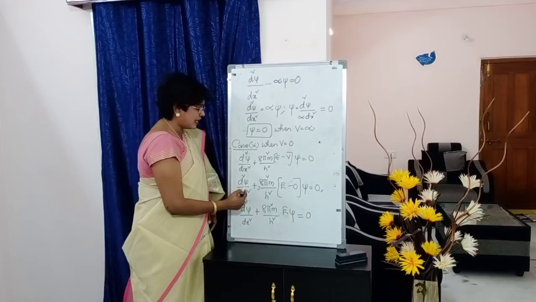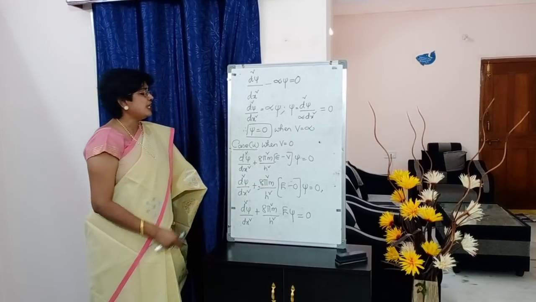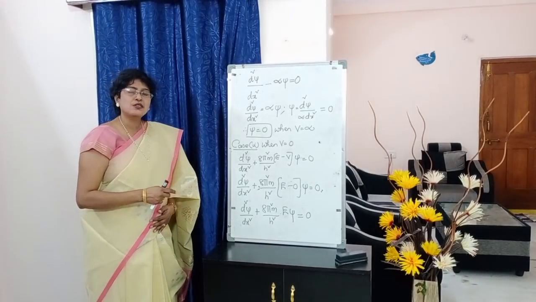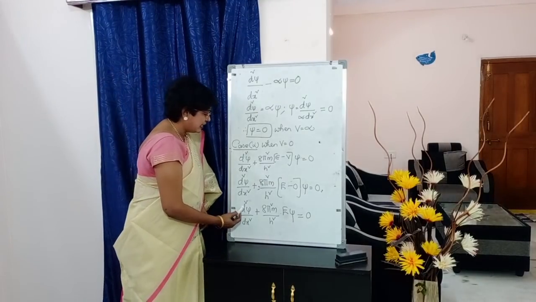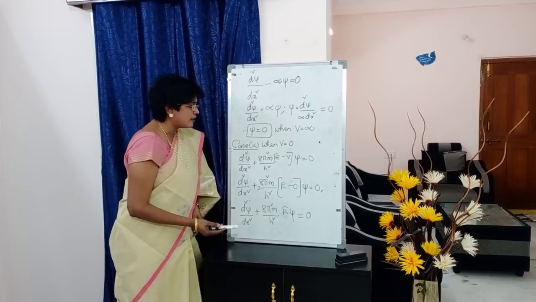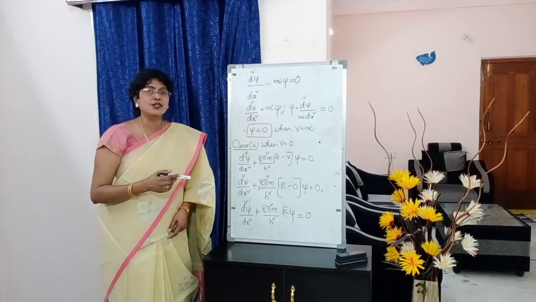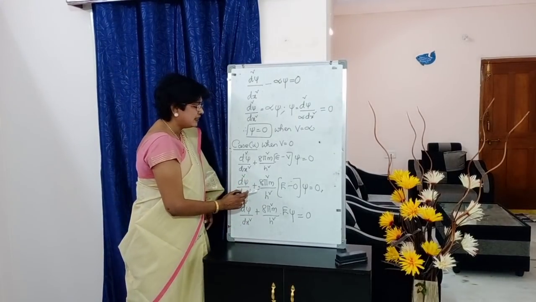So e minus 0 what, students? E. Okay. So next step. d square psi by dx square plus 8 pi square m by h square into e into psi is equal to 0.